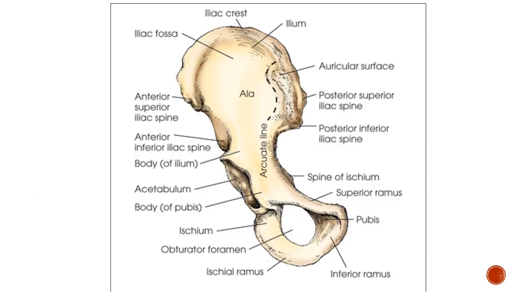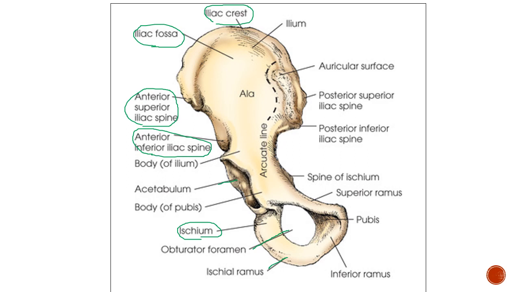So looking at the different structures that we have, we start with the iliac crest at the very top, the iliac fossa, this is on the anterior aspect of the hip bone, the ASIS, anterior superior iliac spine, the AIIS, anterior inferior iliac spine, the body of the ilium, the acetabulum, the body of the pubis, the ischium, the obturator foramen, the ischial ramus.